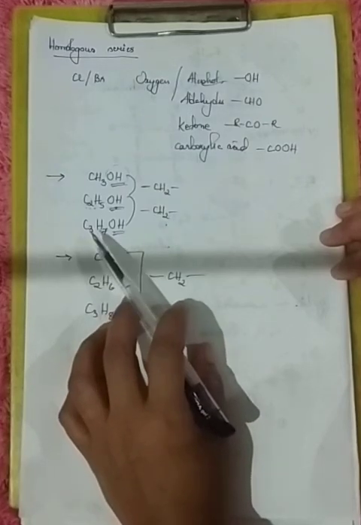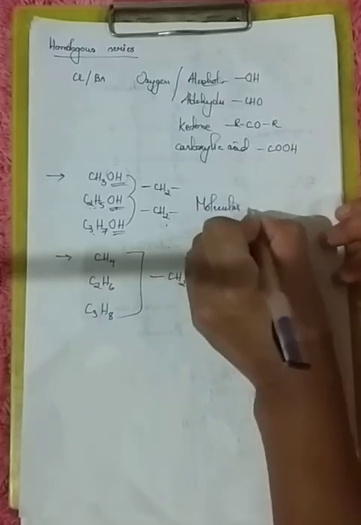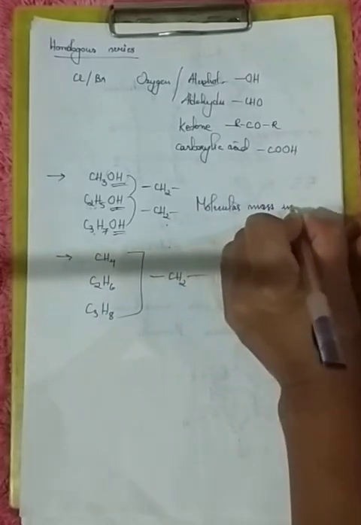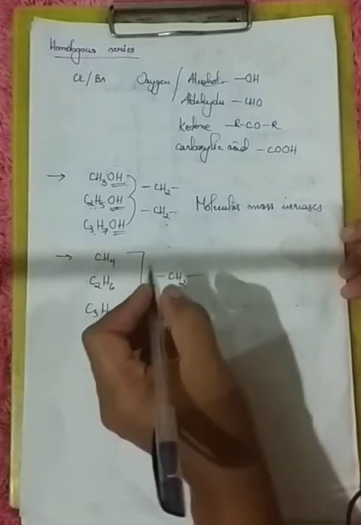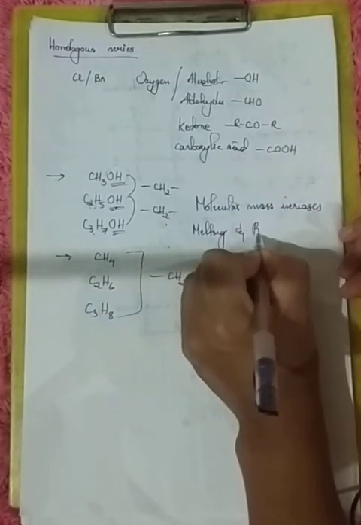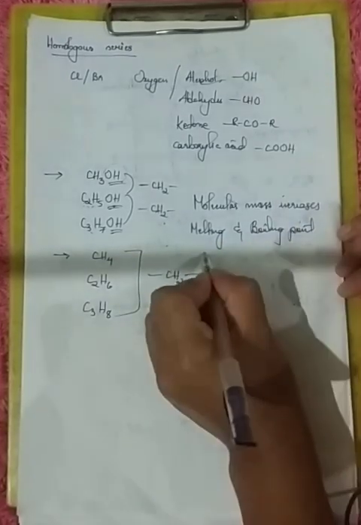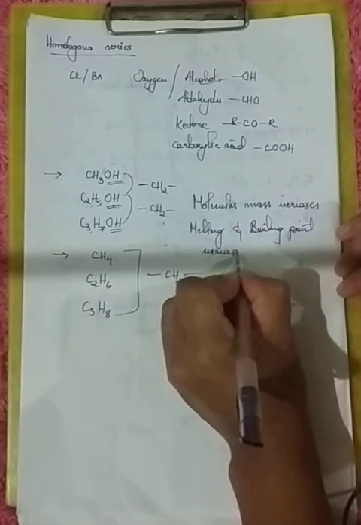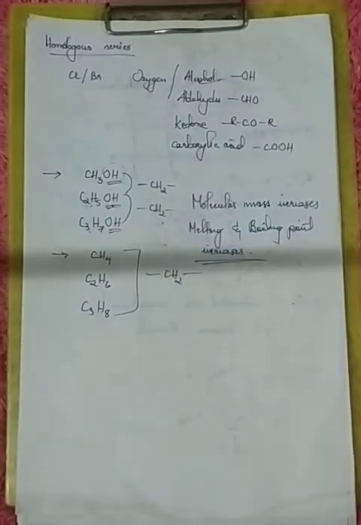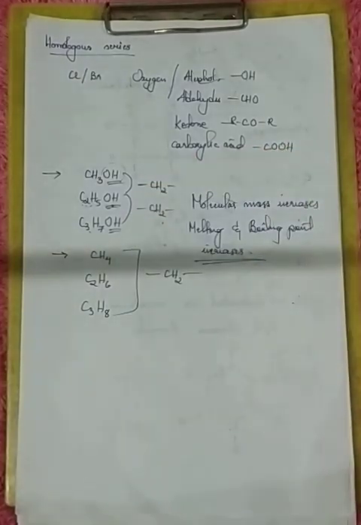Since the molecular mass increases, the melting and boiling points also increase. Therefore, these are some of the properties of a homologous series, where the members differ only by a CH2 unit. This is the explanation of hydrocarbons and the homologous series.